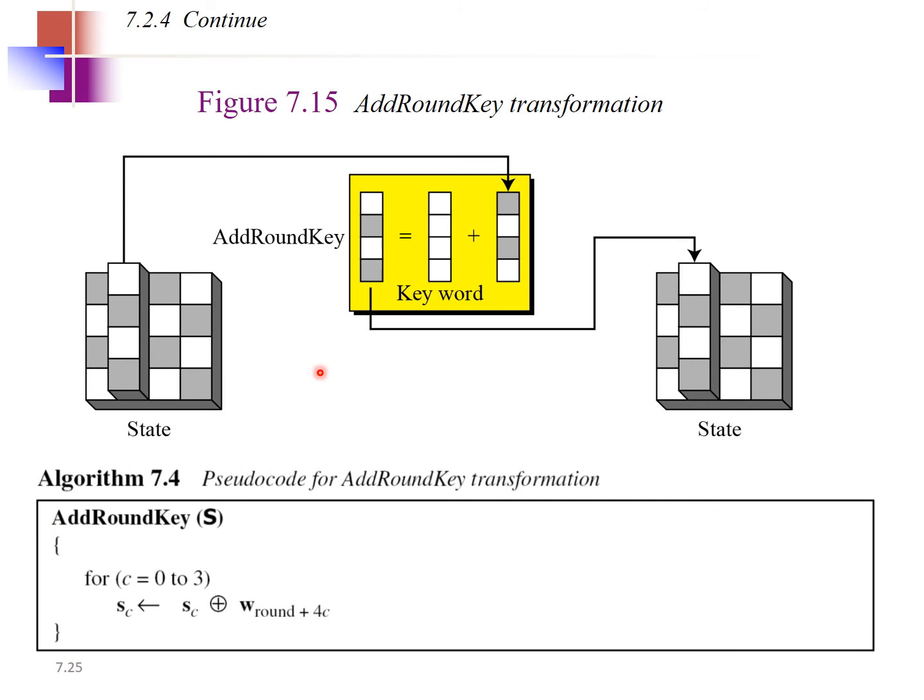Here also we will take column by column, each column will be XORed with the key. Key is also 128 bits. So I can consider it as a byte by byte matrix like this, and it will be XORed with the key. I will get a new value, which will be stored in the new state. So that is what the add round key operation is.